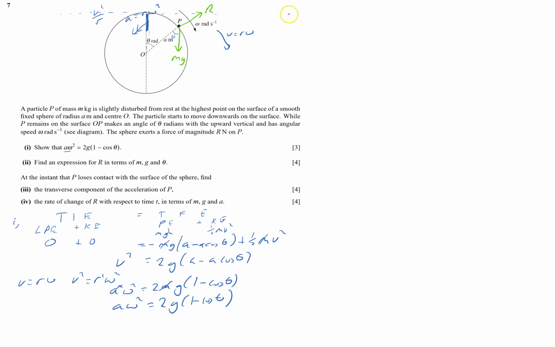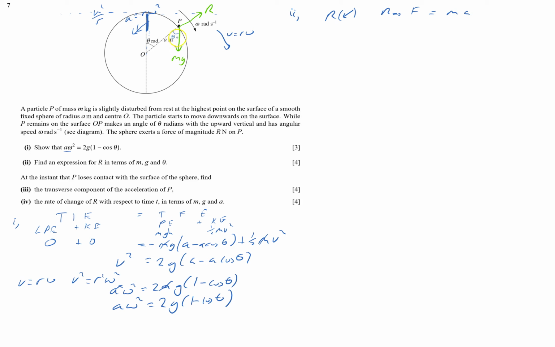Second bit, do it up here. Okay, I'm going to have to resolve. I'm going to resolve in the direction of the acceleration, so I'm going to resolve inwards, and that will give me a resultant force equals mass times acceleration. What goes inwards?